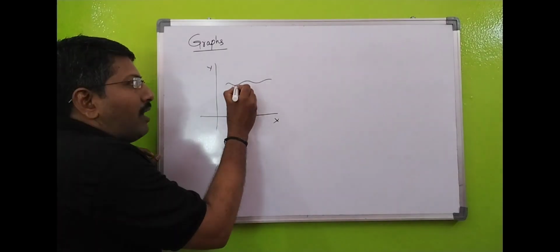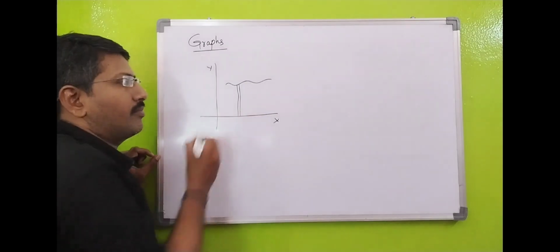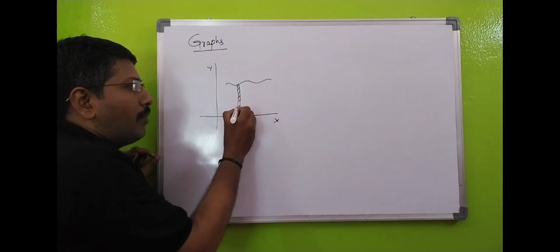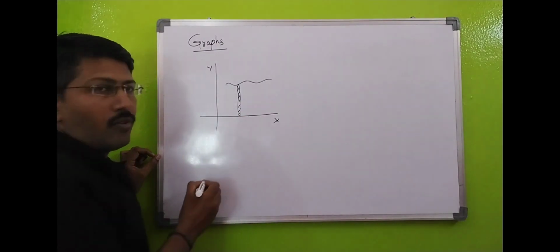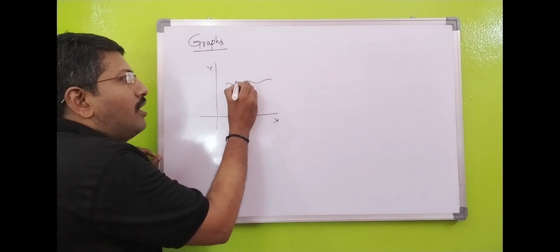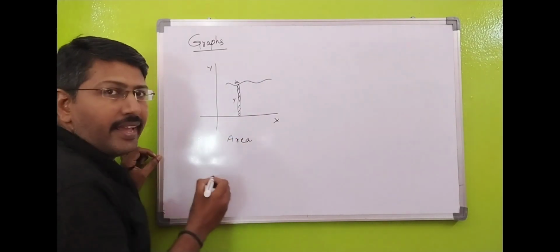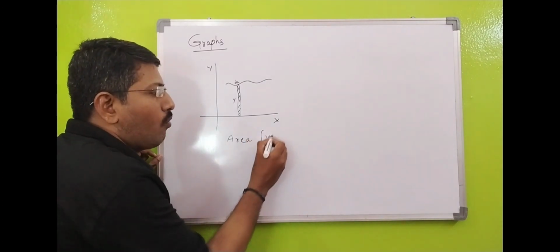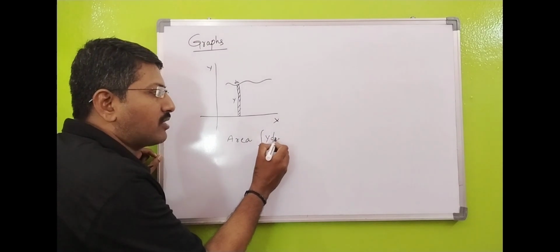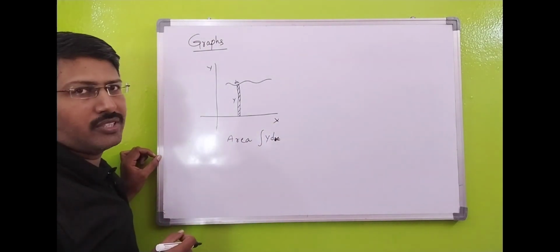I take one small strip like here. The area under this curve represents the area. This is the y, this is the small dx. So area is integration y dx. Integration y dx represents the area of this curve.